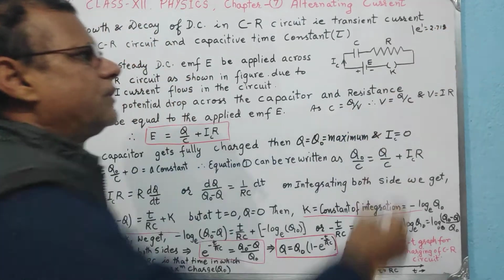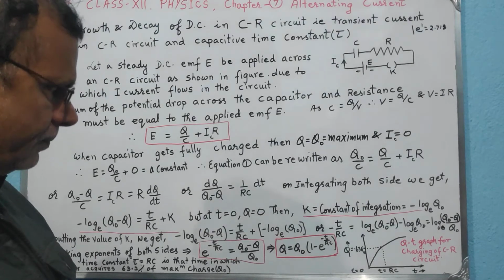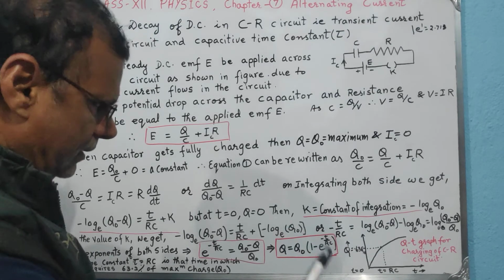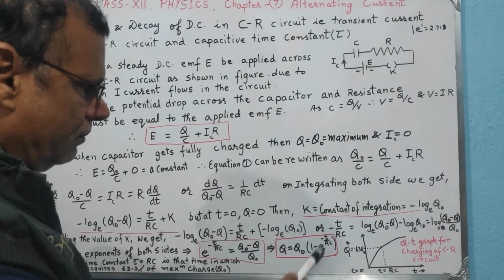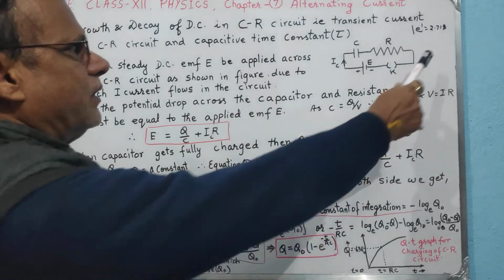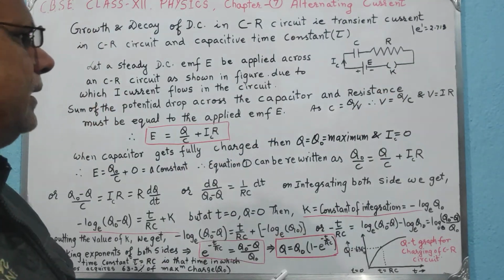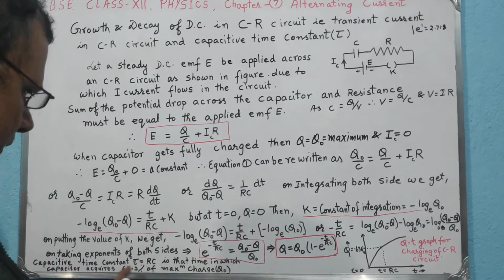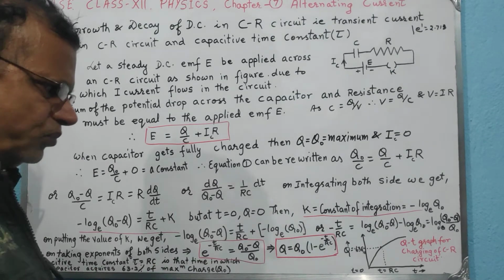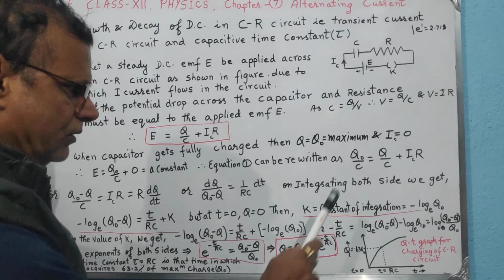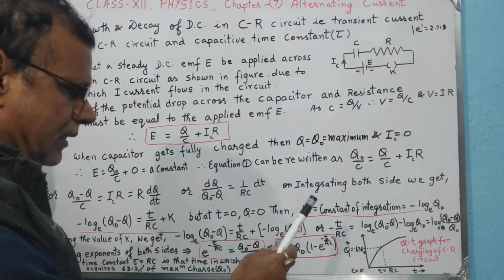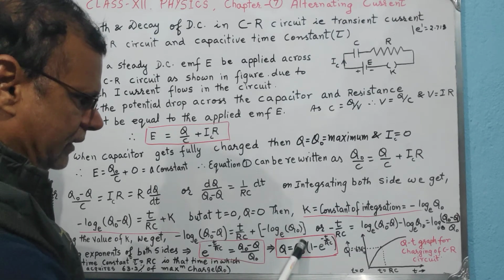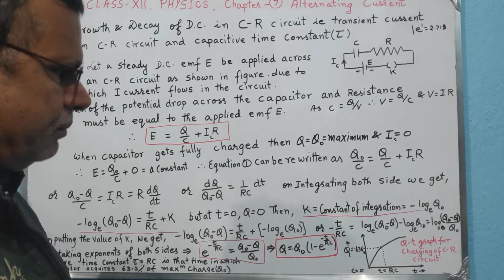If you put the value of e in this expression with t equal to RC, you get 1 minus 1 by e to the power 1. If we repeat the method as we did earlier in the case of the LR circuit, we will find that the instantaneous charge stored on the capacitor in a time t equal to RC will be 63.2% of the total charge to be stored on the capacitor finally.